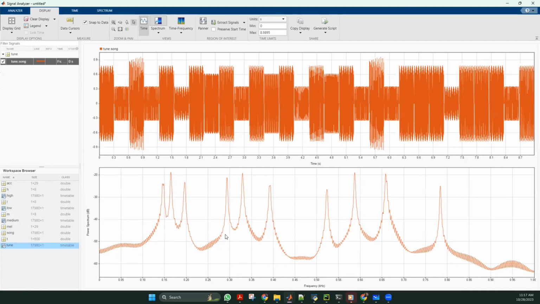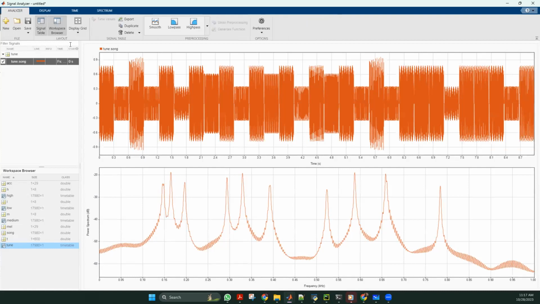If I want to do further processing, I can apply some filters on this signal. To find the filtered signal, I can use filters that are available in the tool.